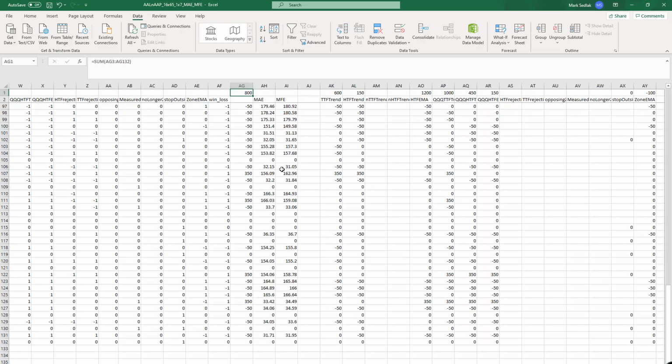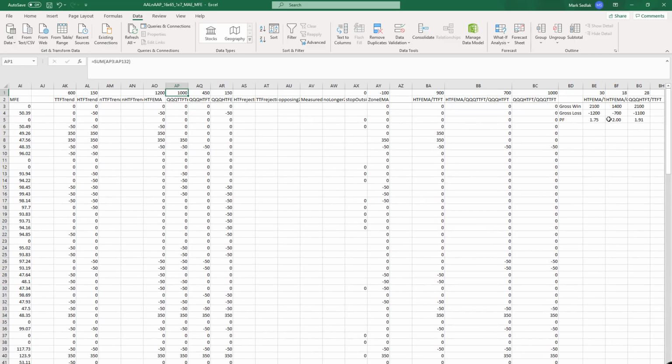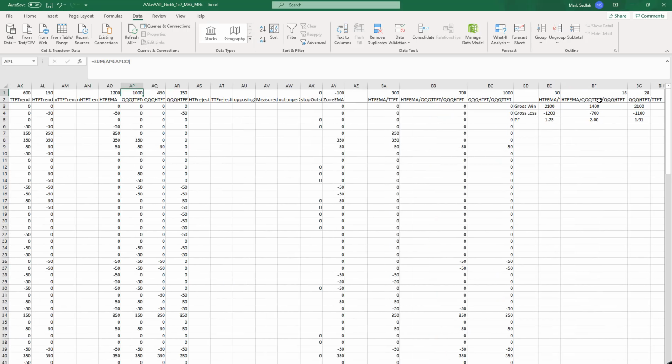So this is the profit if I just took every single trade, and then this is the profit if I start adding some filters. And what I want to do is I want to figure out how do I reduce my number of trades without compromising the system. And so you can see I have a couple different combinations over here that produce some pretty good results.